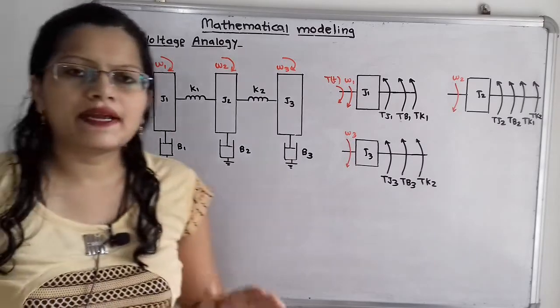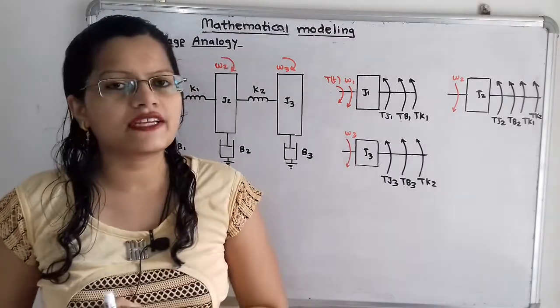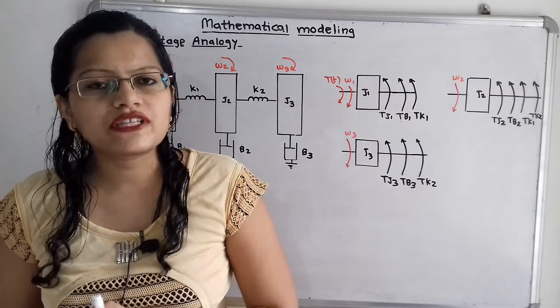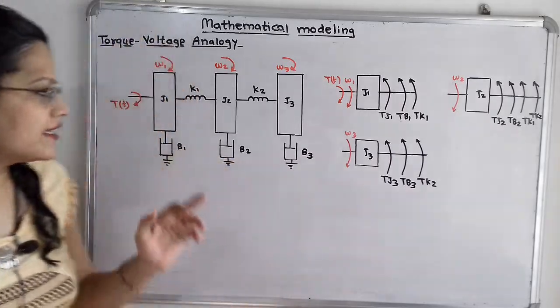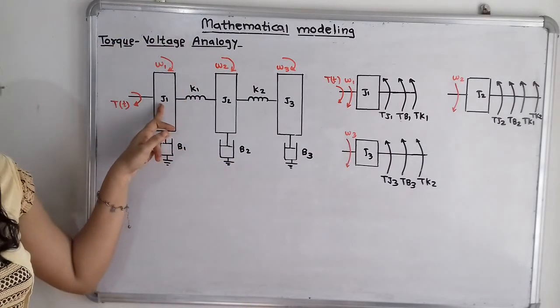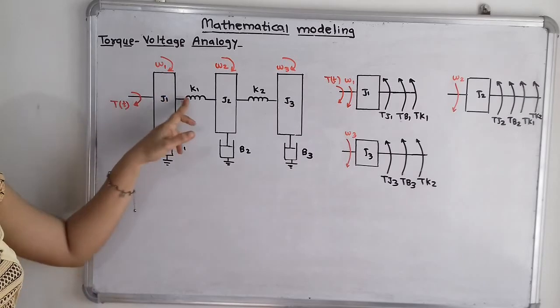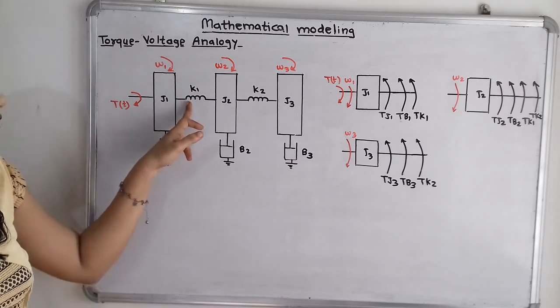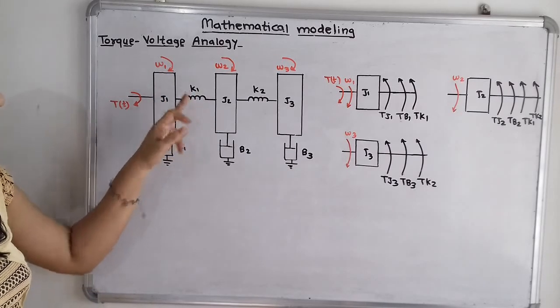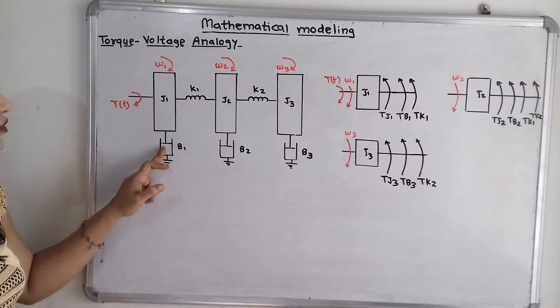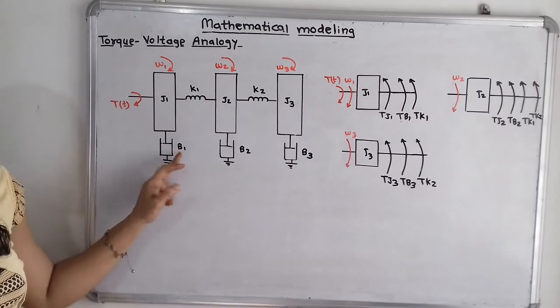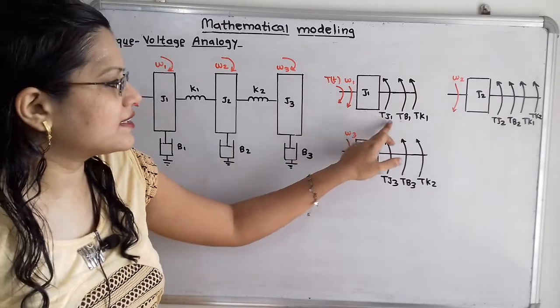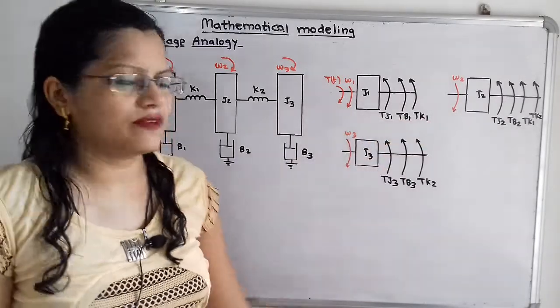Then which elements are responsible for the reaction torque? For the reaction torque, it is inertia for this J1, then reaction torque due to this spring stiffness K1 and the reaction torque due to this damper B1. So we can say that TJ1, TB1, TK1.